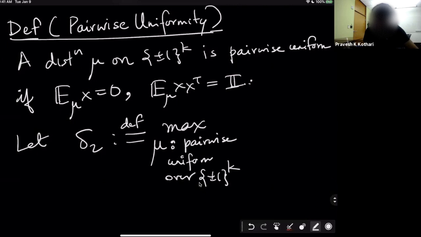It's the max over all distributions mu which are pairwise uniform over plus minus 1 to the k of the expectation of P(x). So take the expectation of the predicate P under all pairwise uniform distributions and see what's the max value you get. Okay.